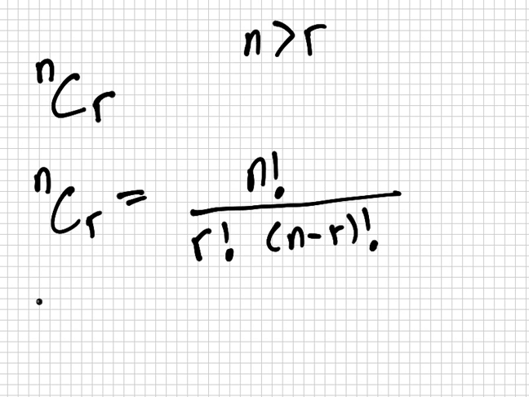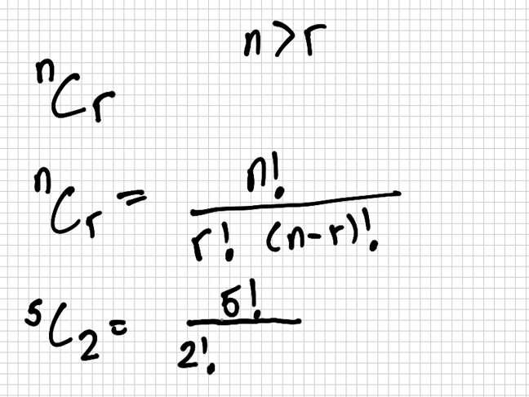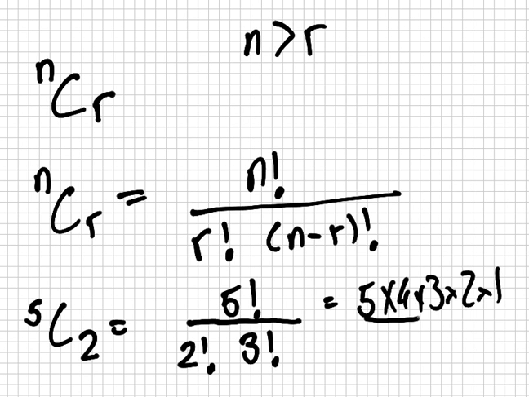For example, 5C2 would be 5 factorial over 2 factorial, and then 5 minus 2, 3 factorial. So that is 5 by 4 by 3 by 2 by 1 all over 2 by 1 by 3 times 2 times 1. What's that going to be? 10, is it? Yes, it'll be 10.